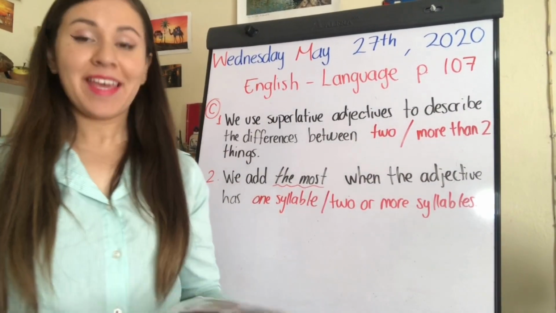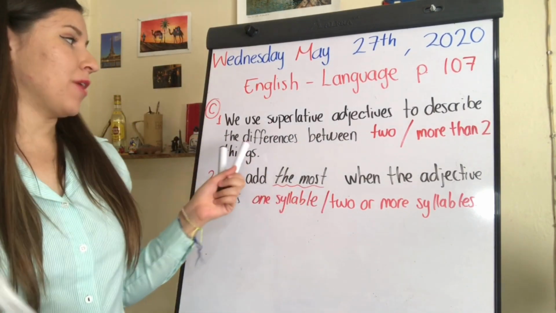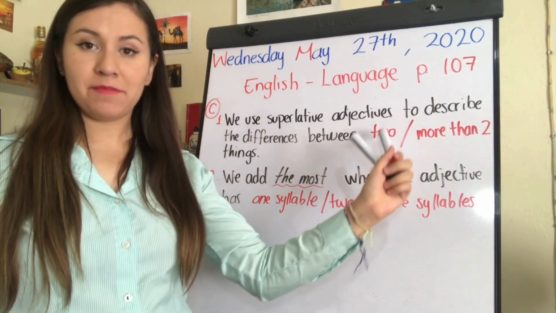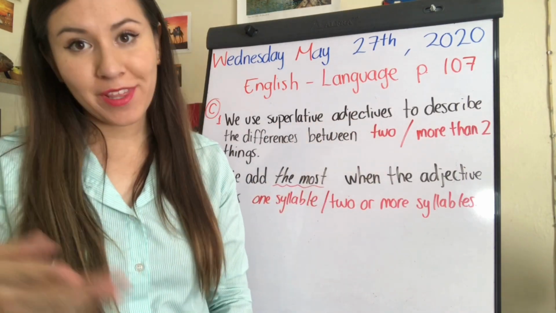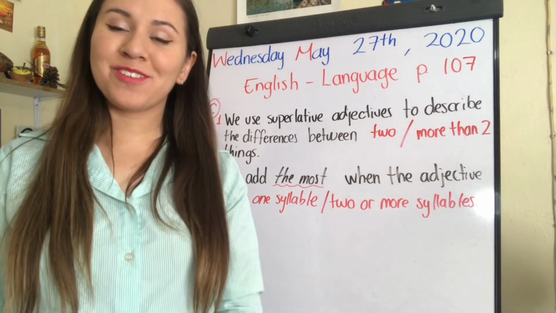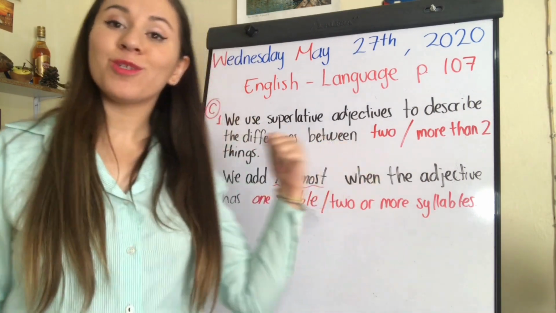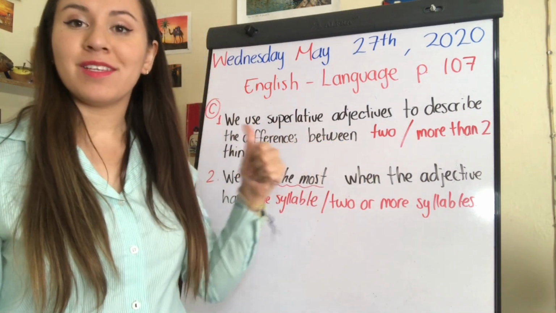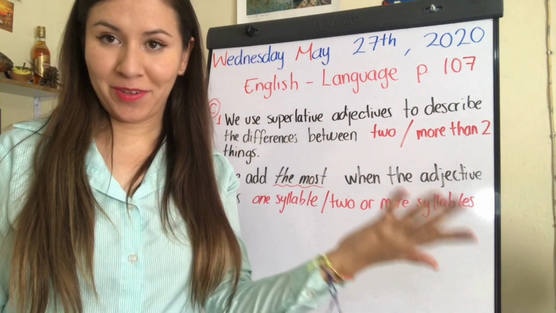Second activity, letter C. It says, think and discuss and then choose. Okay, so we have the first one. We use superlative adjectives to describe the difference between two or more than two things. So remember that we use comparatives to describe two things, but we use superlatives to describe the difference between two or more.